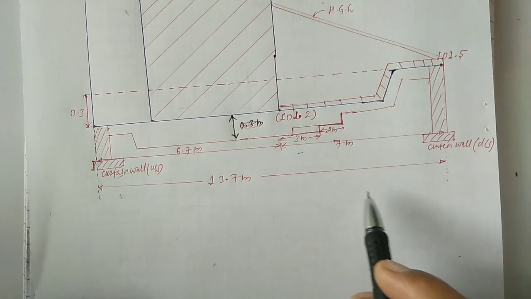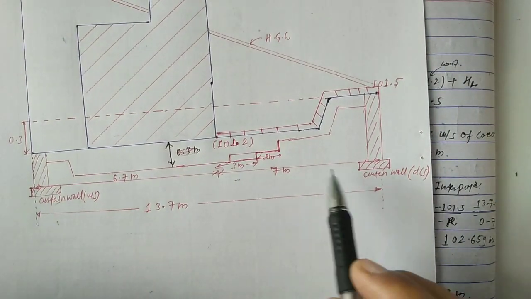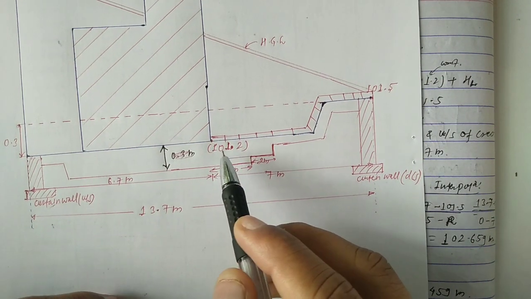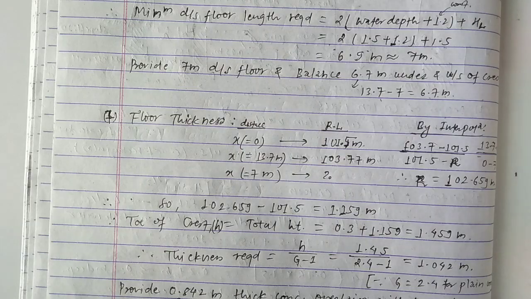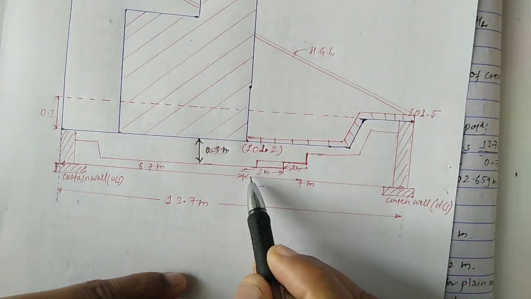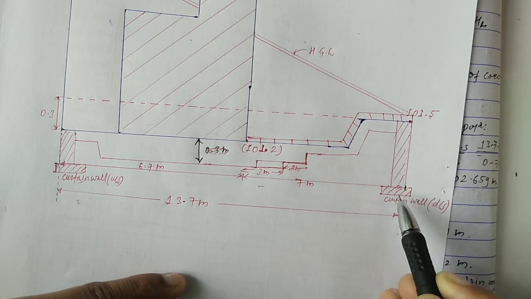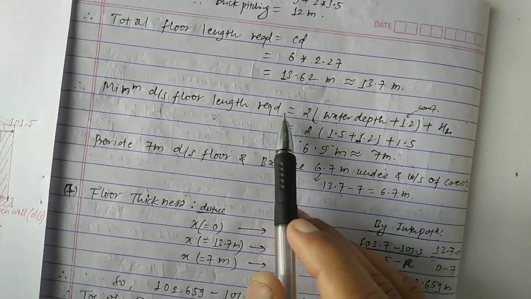After calculating the total length, we have to calculate the downstream length, from the toe of the cistern wall to the downstream curtain wall. We already discussed this in the design criteria.